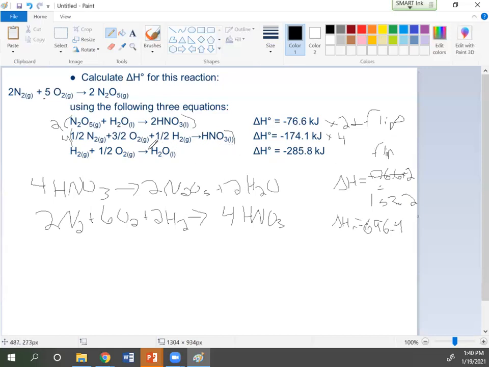Multiply by 2, because I have 2 H2O here and I need to cancel all those out, and flip the sign and flip the equation. So I have 2 H2O yields 2 H2 plus O2, and delta H would be positive 285.8 times 2.